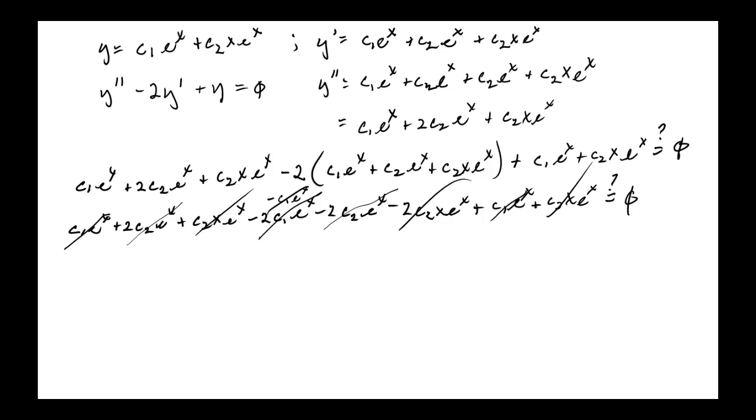That's the one when you choose C1 equal to 0 and C2 equal to 5. So then you would have 5x e to the x.